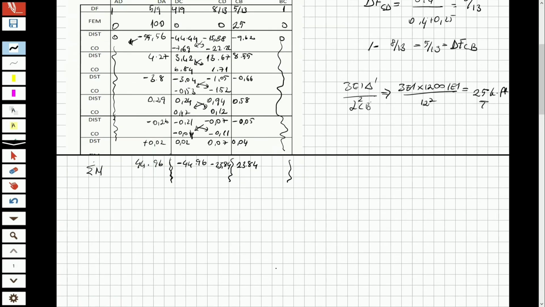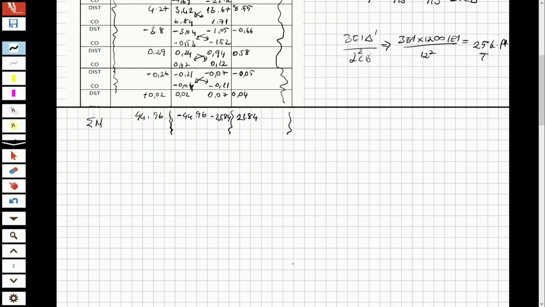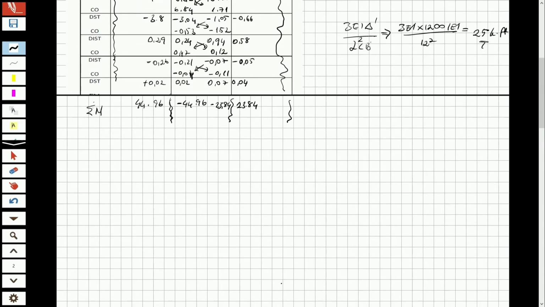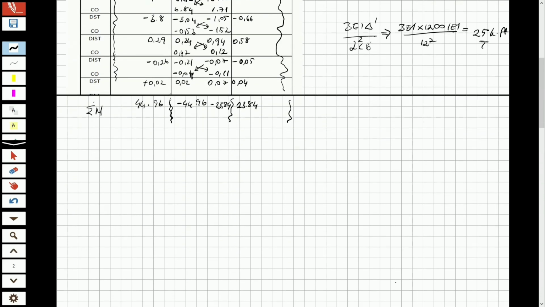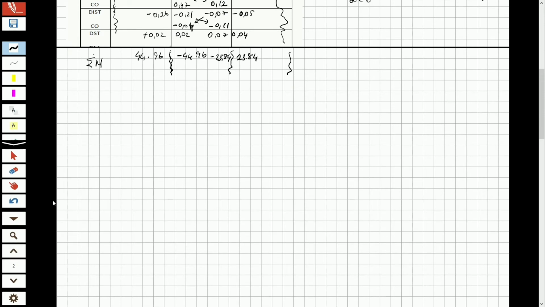Now I have the moments, so let's find the shears. I'm going to obtain the shear and then calculate the last moment that I need. Okay. To obtain the shear, I'm going to lay down the columns.